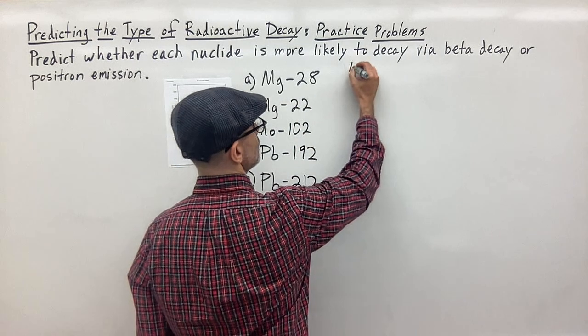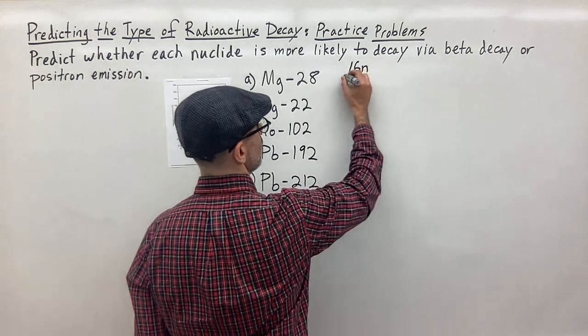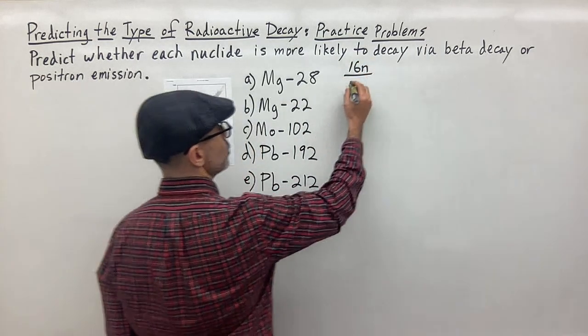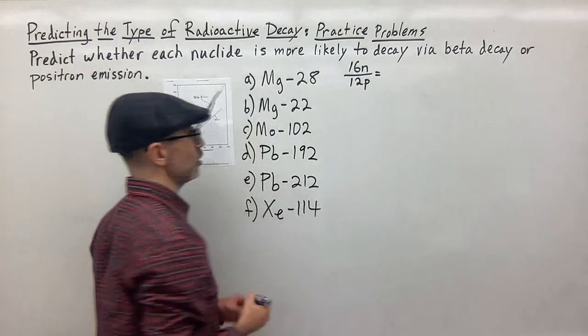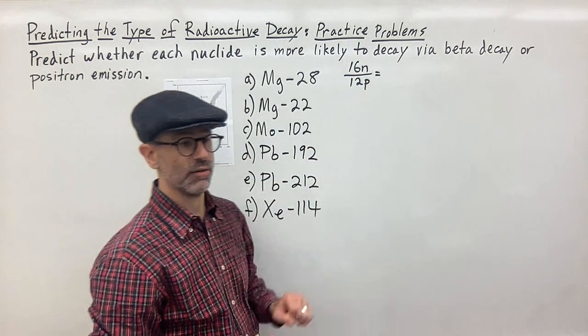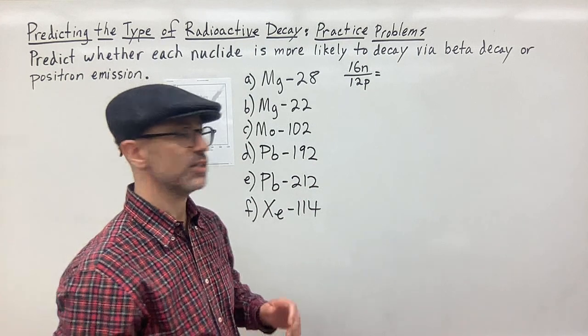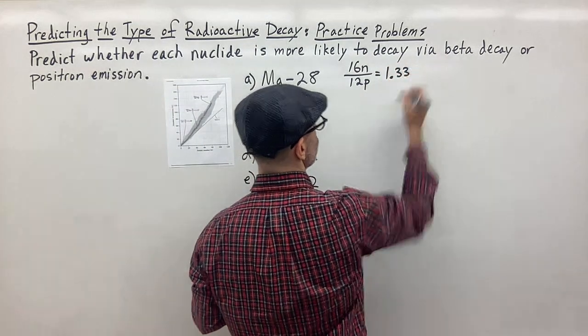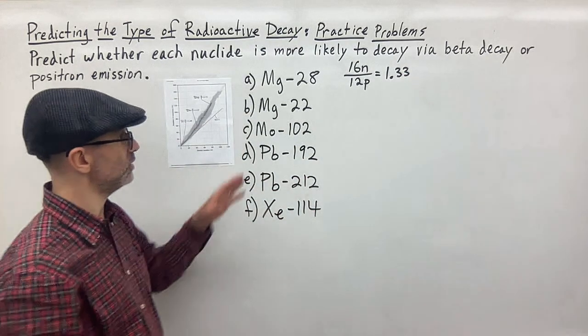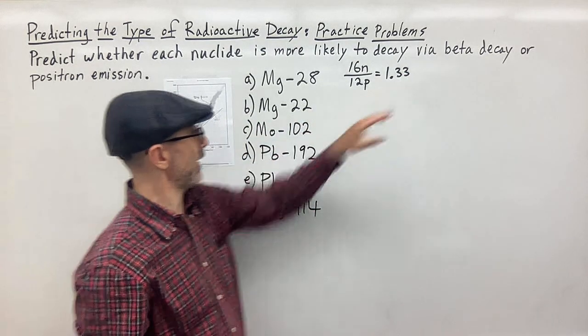That means we have 16 neutrons and 12 protons. And if we find the ratio of that, we find that it is 1.33. Now, that's the ratio we have.